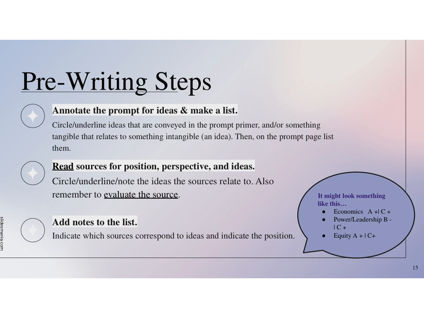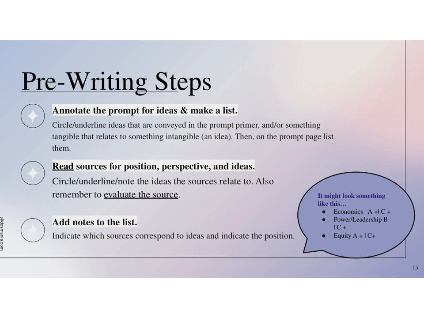So let's go ahead and do a little practice. These are the pre-writing steps I recommend you take for this prompt. First, you're going to want to annotate the prompt for ideas and make a list. You're going to circle and underline the ideas that are conveyed in the prompt primer and or something tangible that relates to something intangible.